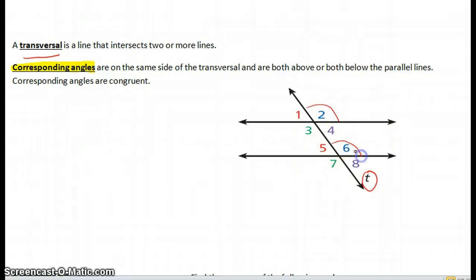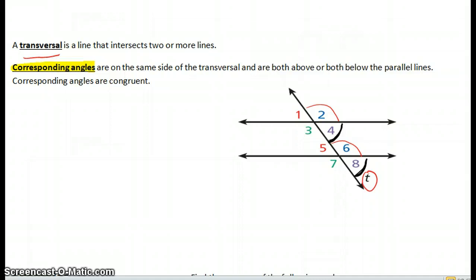Angle 6 is to the right and above. So those two angles would be the same measure. Let's look at the ones below. Angle 4 is to the right and below. Angle 8 is to the right and below. Those two angles would also be equal.